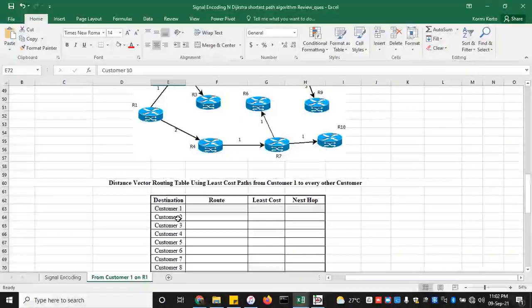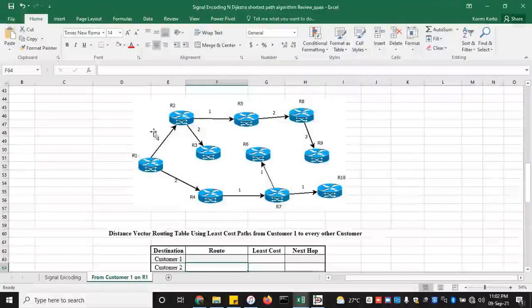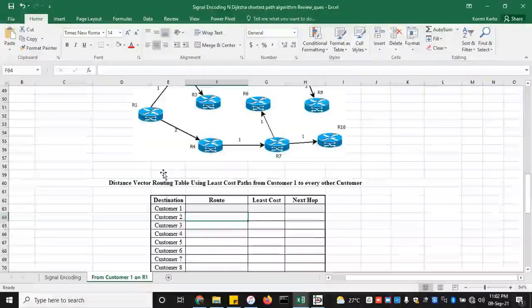So for customer one on router one to transmit to customer two on router two, the route was, so we move from here to here, right?